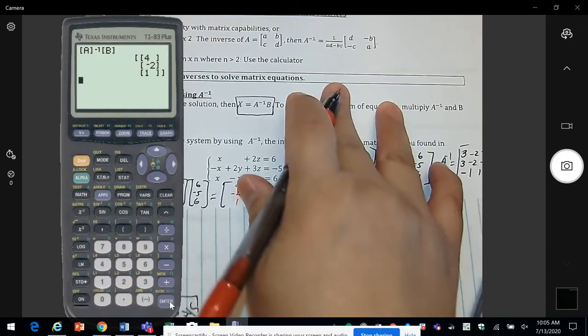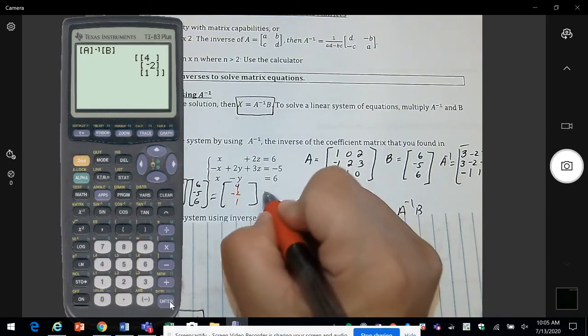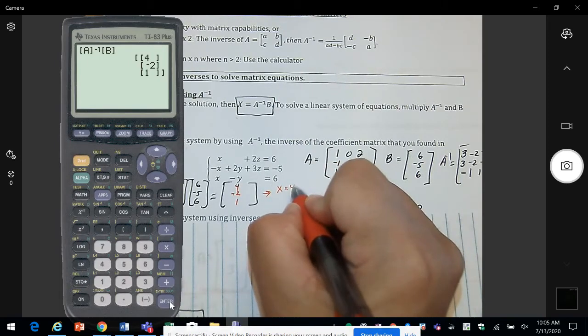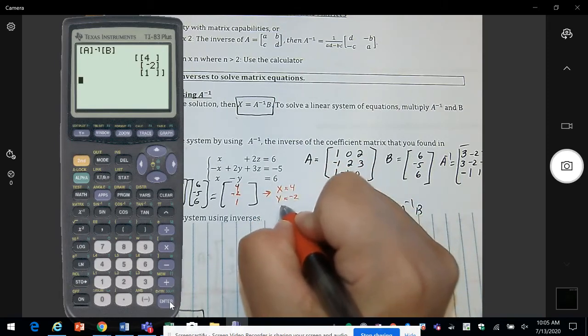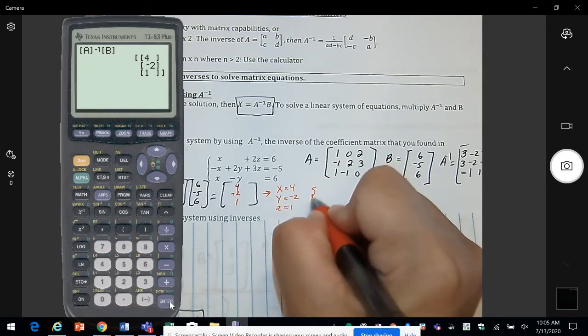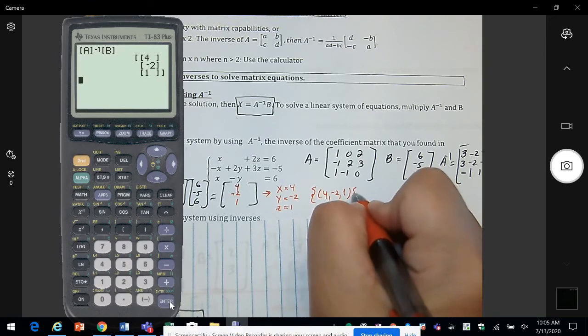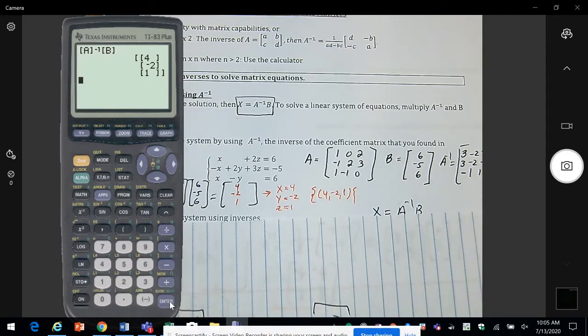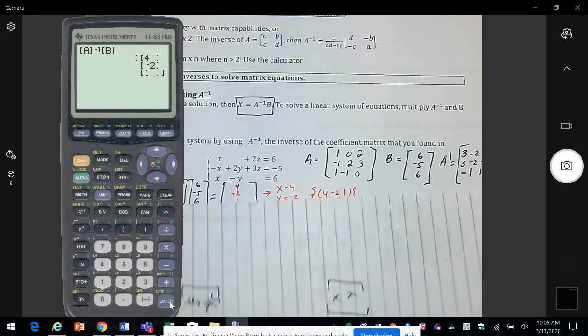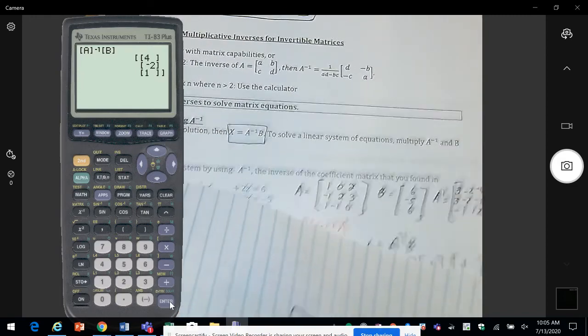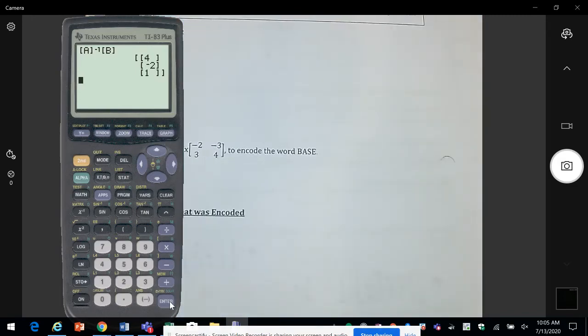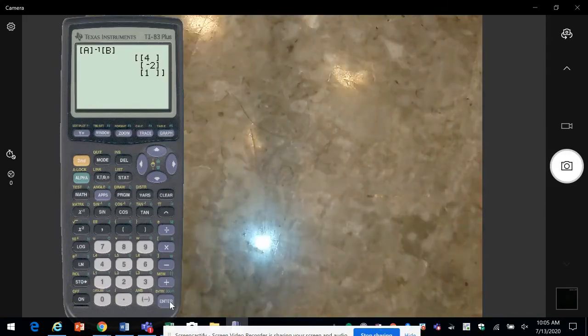So what this tells me is my answer here is going to be x is equal to 4, y is -2, and z is 1. Okay. So that is solving a system using the inverse of a matrix.